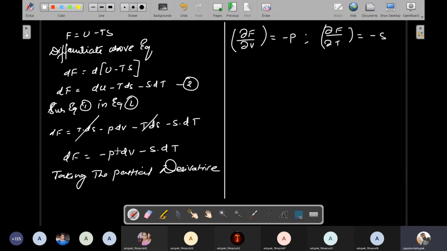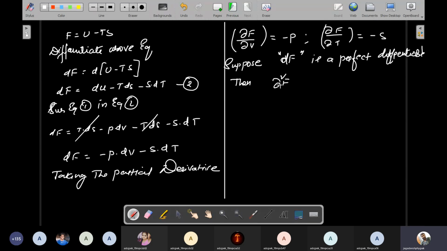Okay, suppose df is a perfect differential, then dou square f by dou v dou t is equal to dou square f by dou t dou v.